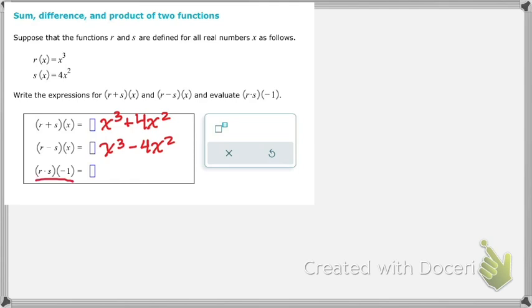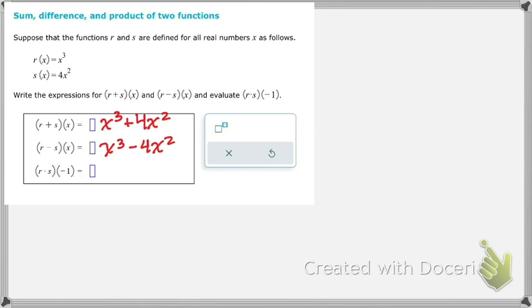Now this is saying I have some new function that's some combination of r and s, and I want to substitute a -1 into that function. I'm not multiplying that function by -1, I'm substituting a -1 into that function.